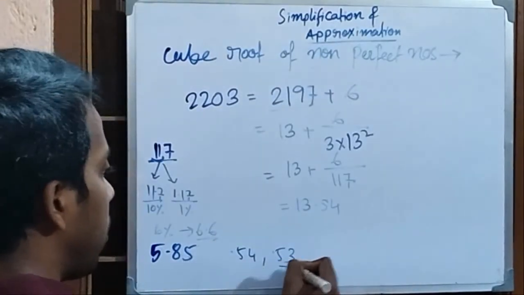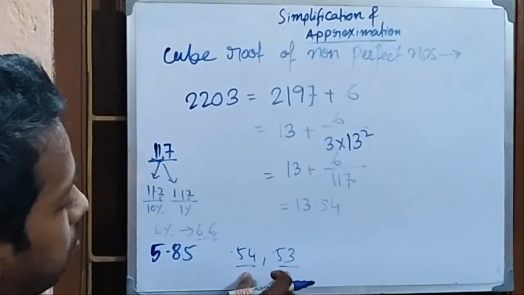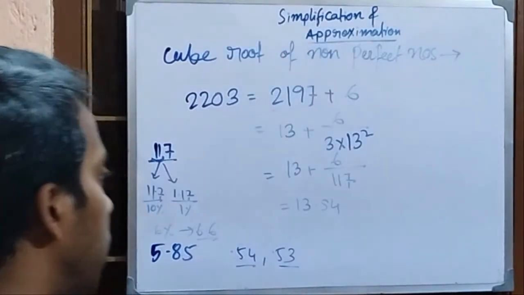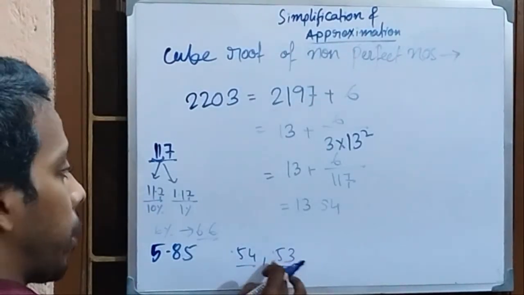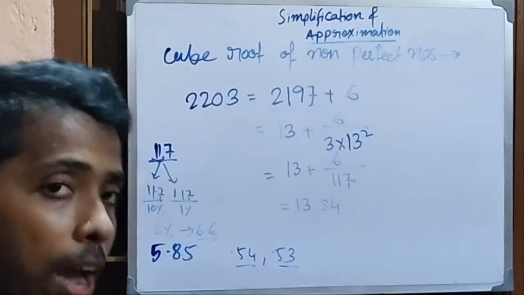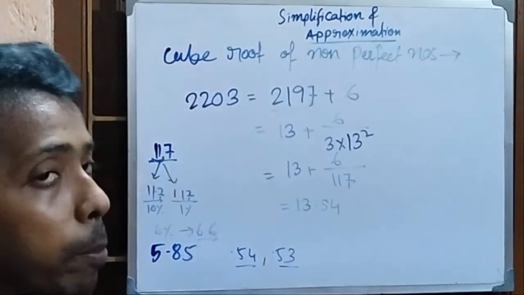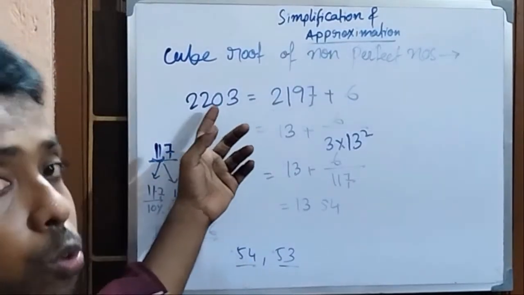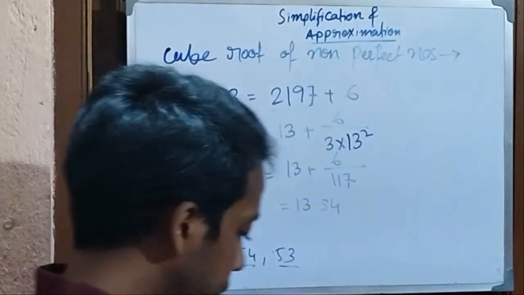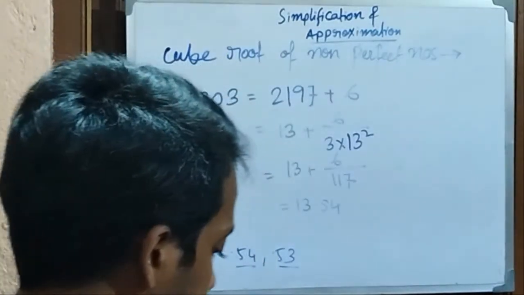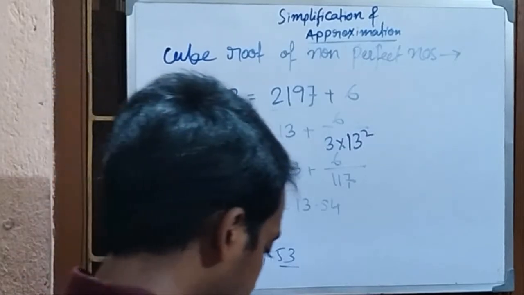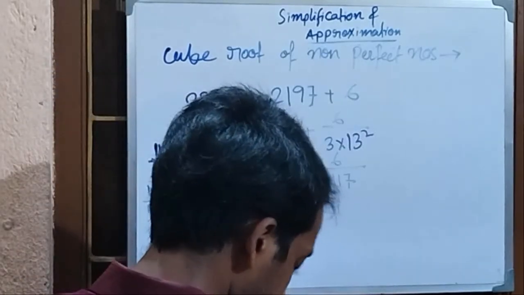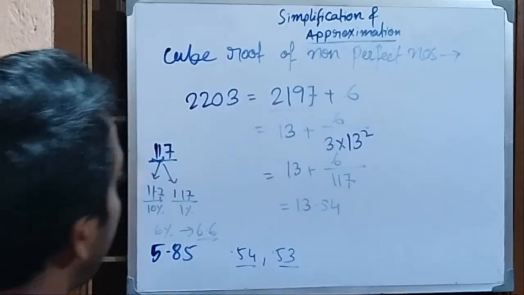Okay, and this much accuracy is not at all needed. Whether you write 0.53, 0.54 or 0.52, anything serves the purpose to get this value or close to this value. Okay.